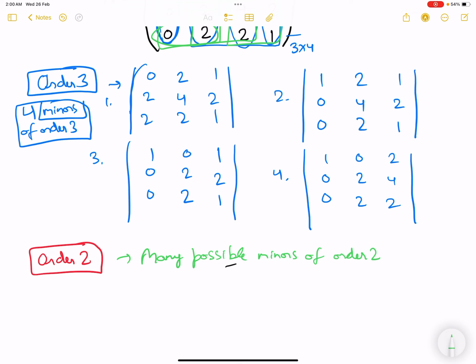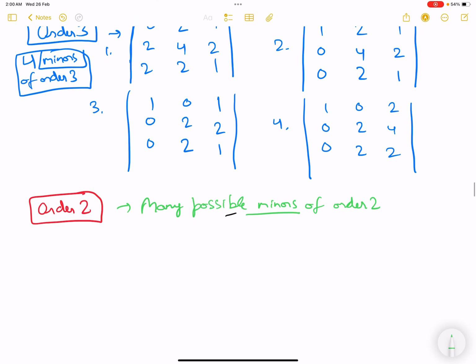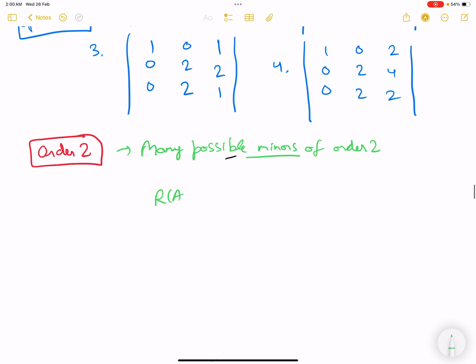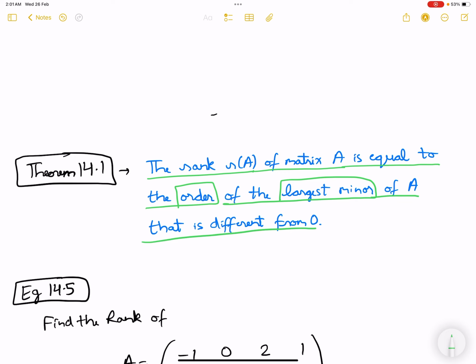Okay, so now I'm hoping that you are aware of how we are supposed to find the minors. Now we will discuss how the rank of a matrix is dependent on and related to the minor. The rank of a matrix A is equal to the order of the largest minor of A that is different from 0.